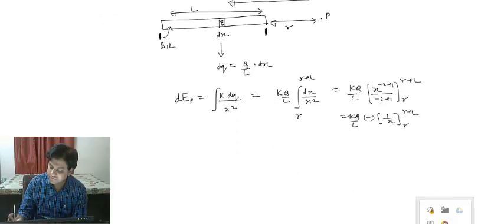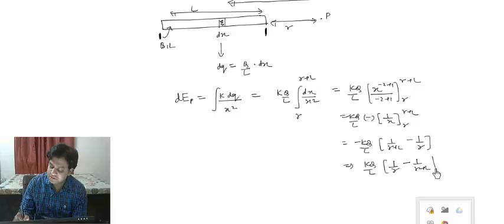So what we get is minus kq by l times (1 by r plus l minus 1 by r). Further adjusting this minus sign, we get kq by l times (1 by r minus 1 by r plus l). So this is the final result for the electric field at point P.